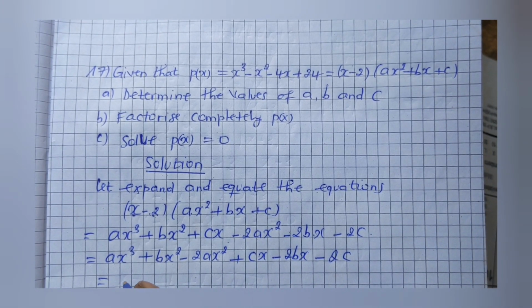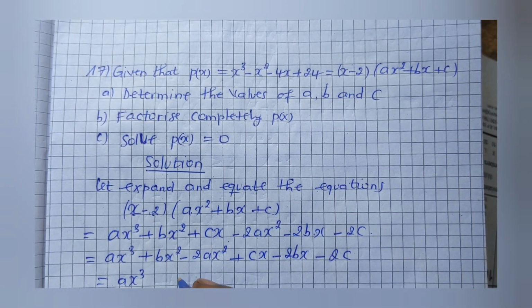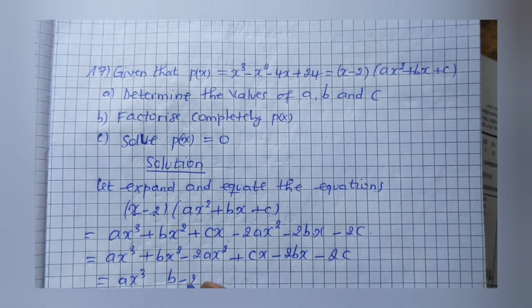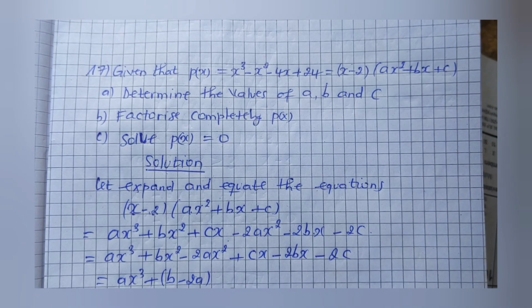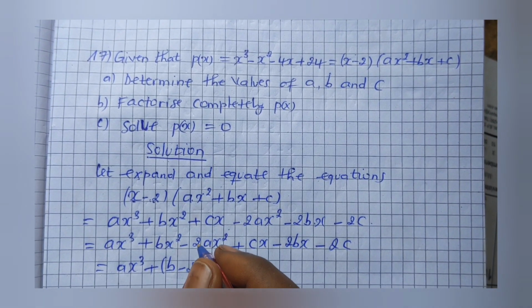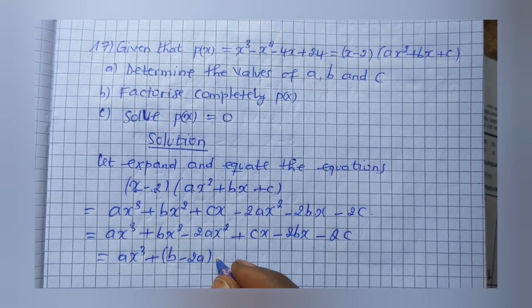We are going to equate the equation we get by expanding with x cubed minus x squared minus 4x plus 24.